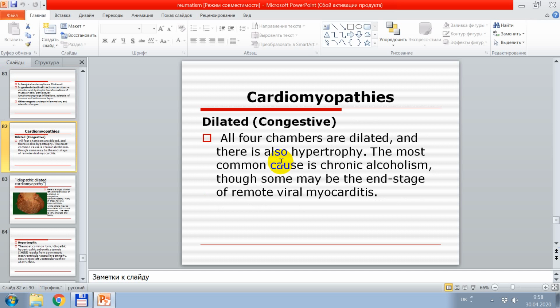Cardiomyopathies, dilated or congestive. All four chambers are dilated, and there is also hypertrophy. The most common cause is chronic alcoholism, though some may be the end stage of remote viral myocarditis.